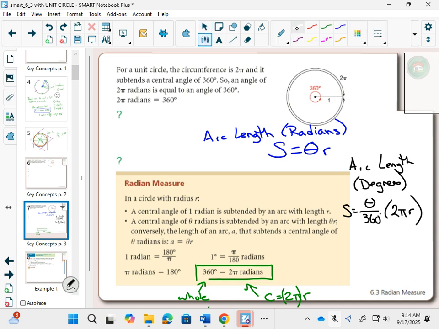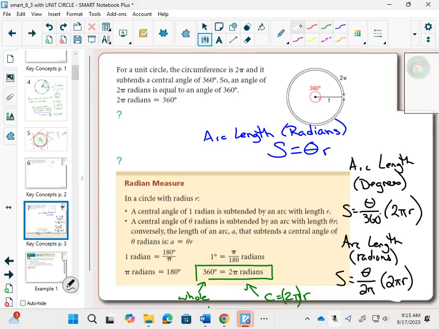And now we can take that same formula and we can do it in radians. And it would look like this. Instead of 360, we would do 2 pi, because that's how many radians are in a circle, times the circumference. Because 360 degrees is equal to 2 pi radians.